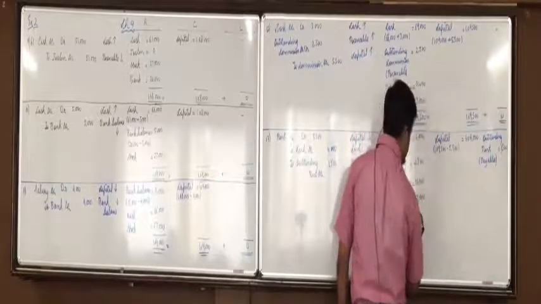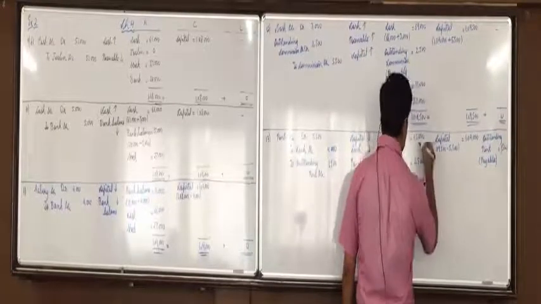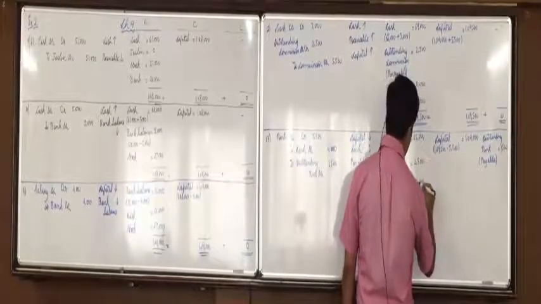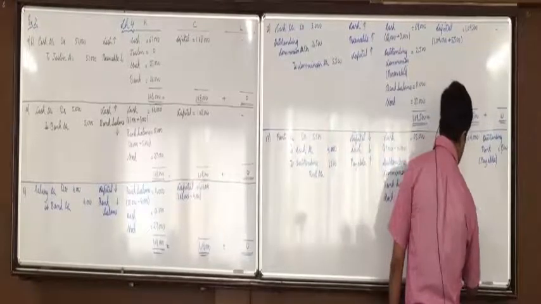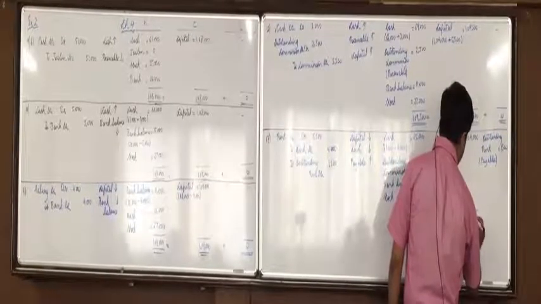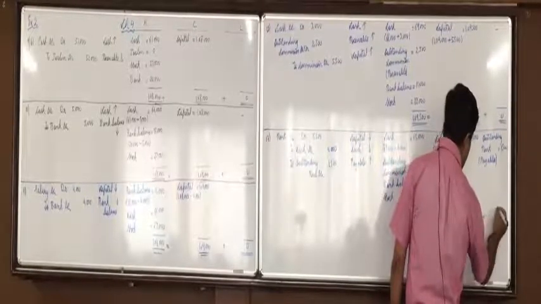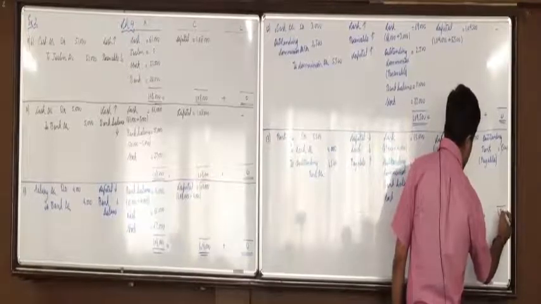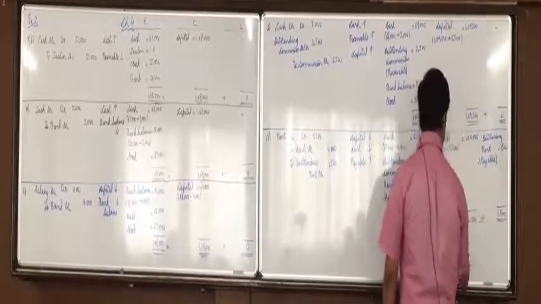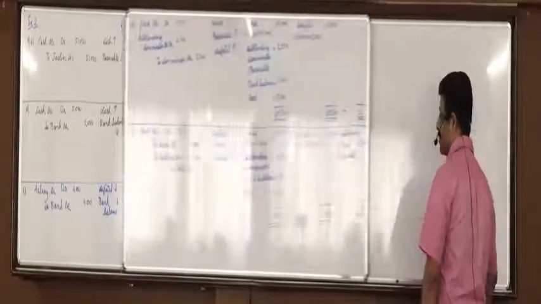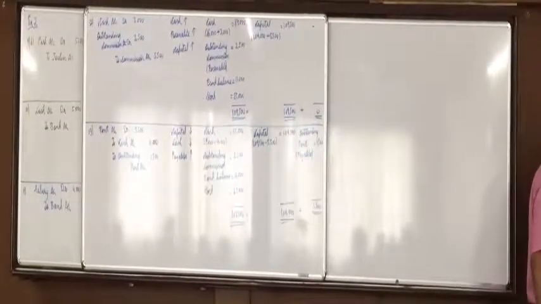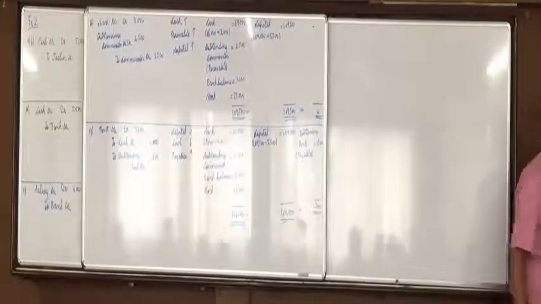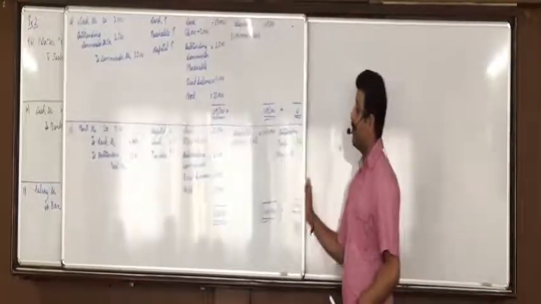So 65, 67, 78, 1,05,500. 1,04,000 plus 1,500. Does it match or not? So everyone is clear with this? Then goods donated 2,000. Did you all complete this?